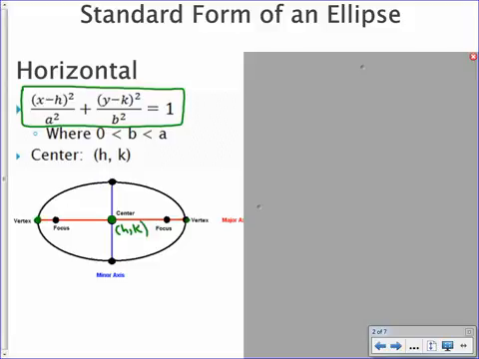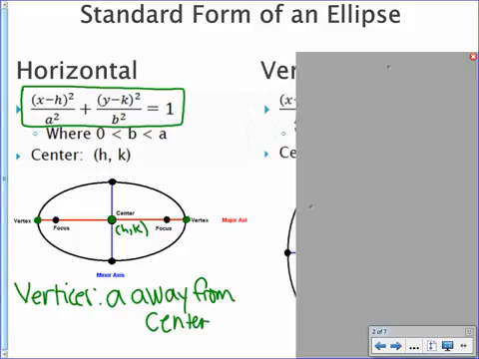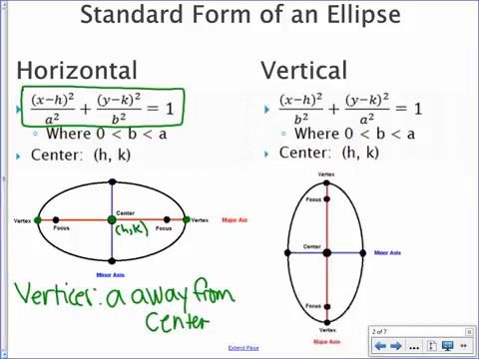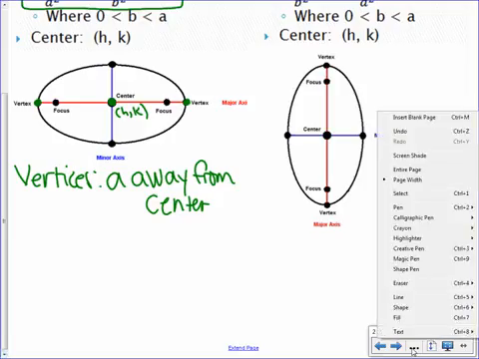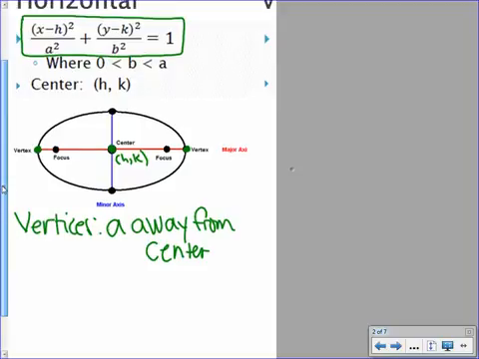Your vertex points are going to be A away from your center. Okay? I want to write it like that instead of giving you a weird formula.